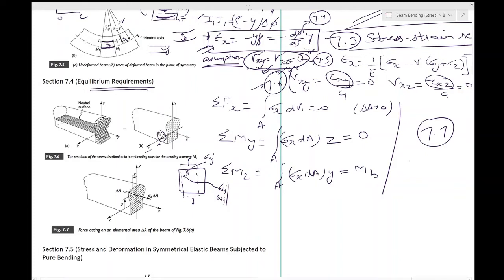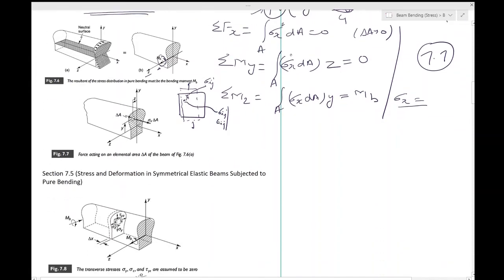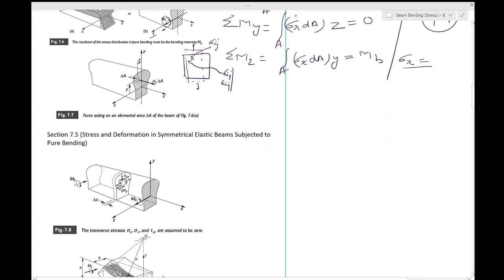Right now, for example, we don't have sigma x equal to something, right? Sigma x is implicit in this, and sigma x is implicit in this. So we don't have it in the open, explicit form. We want to do that first. Let's see how we can do that. Obviously sigma x and sigma y and whatever else we have must satisfy equations 7.6 and 7.7.